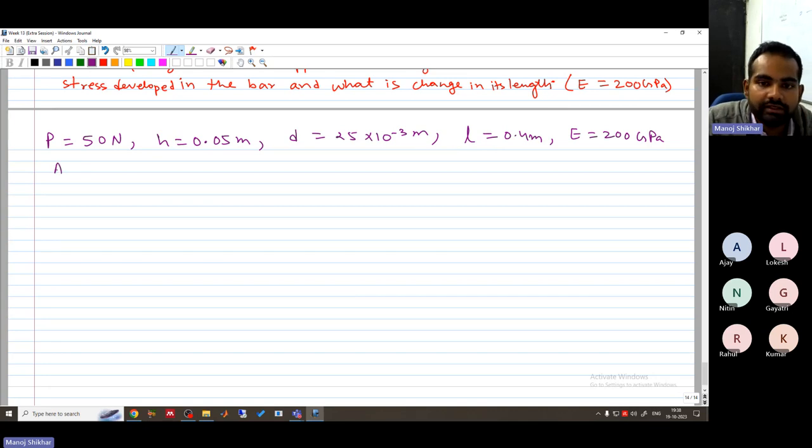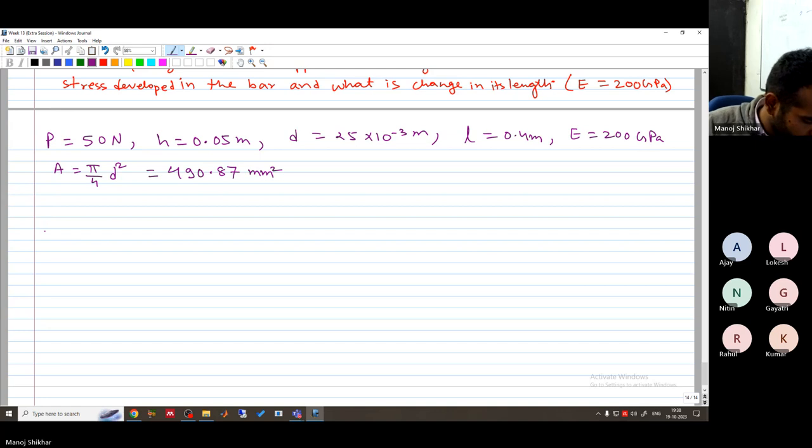So area is pi by 4 d square. I will just give you the final values because the time is less and I have to cover other questions also. You can convert the units also, okay?